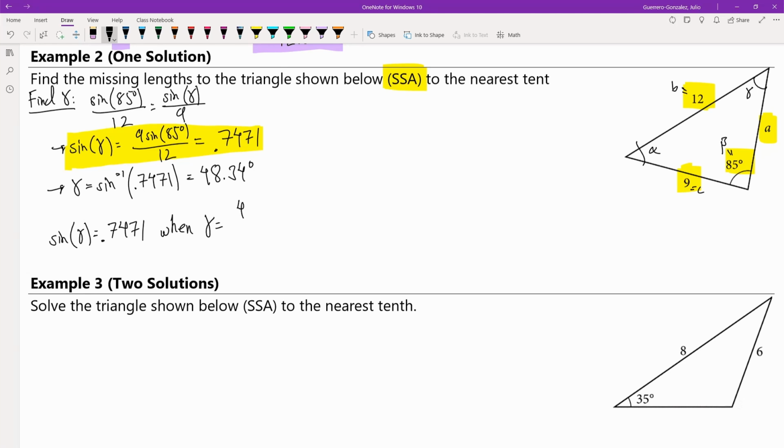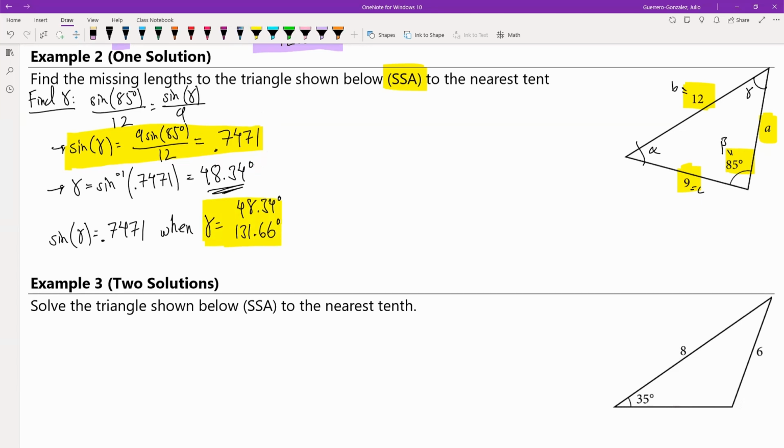The first one we just computed from up above using our sine inverse, 48.34 degrees. The other one that does it, and you guys can verify, is this, 131.66 degrees. So if you grab sine of either one of these two angles right here, that'll get you this right here.